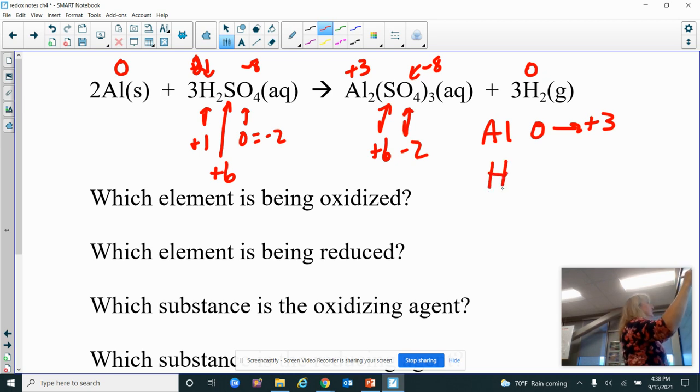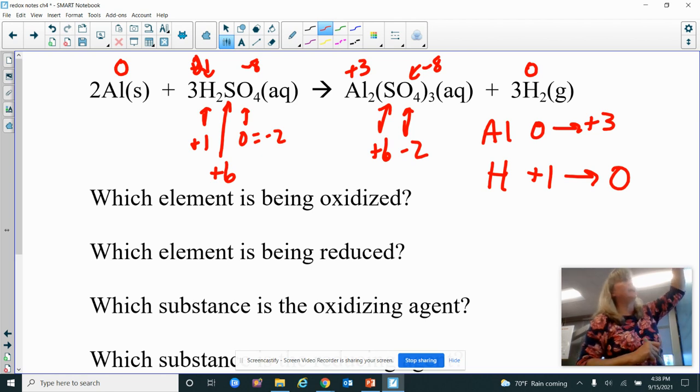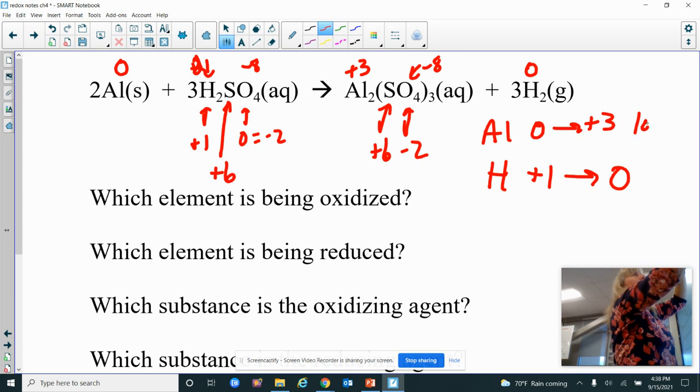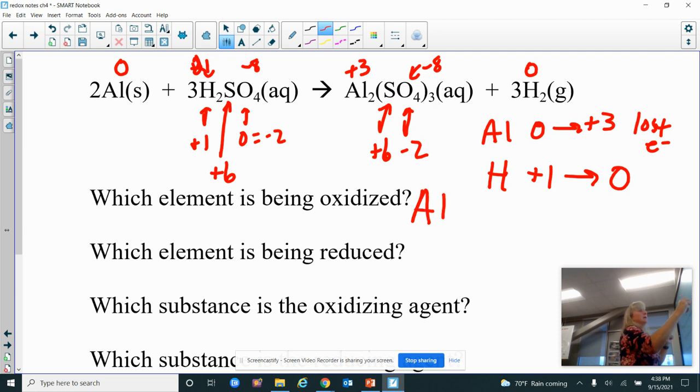The hydrogen on the reactant side is +1, on the product side is 0. So the aluminum's getting more positive. That means it lost electrons. So it is oxidized, aluminum. Hydrogen's going from +1 to 0, so it's getting less positive, so it gained an electron. It's reduced.